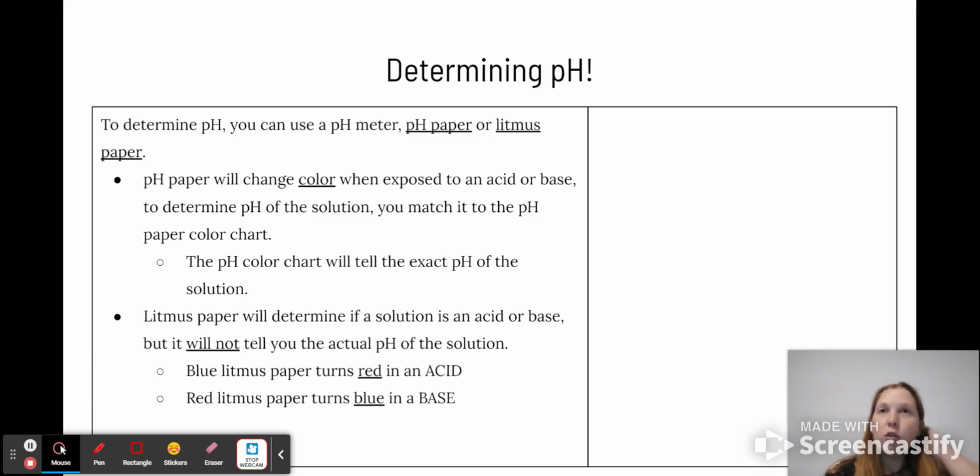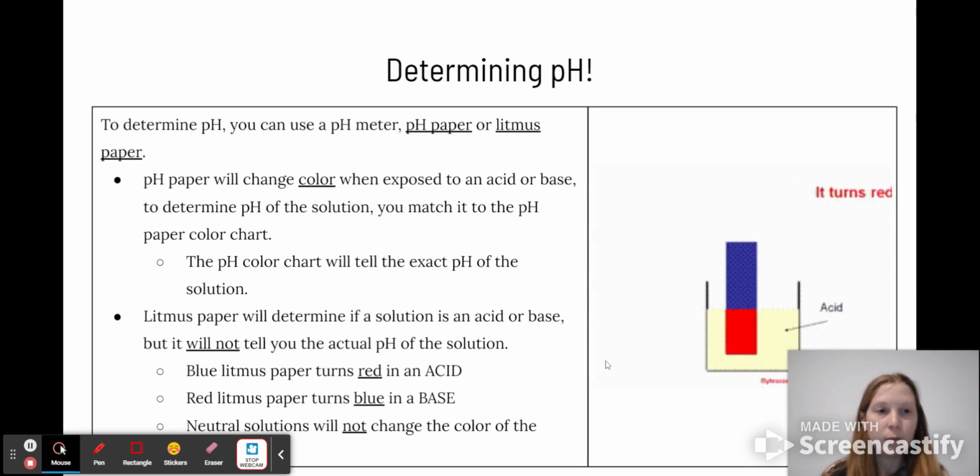Usually I make you test one of each so you can see if they both turn blue or they both turn red. That's how you can tell if it's an acid or a base. If they just turn the color that they were, they just look like a wet piece of paper. So the blue one turns blue and the red one turns red. That means you have a neutral solution. This shows you a piece of blue litmus paper turning red at the bottom. That means it was dipped into an acid.